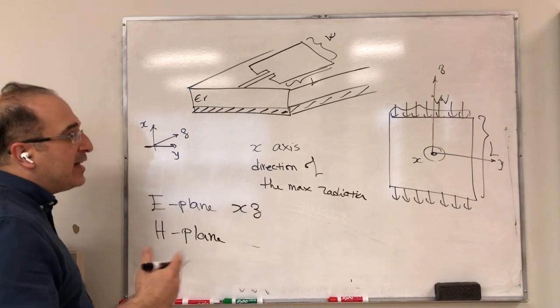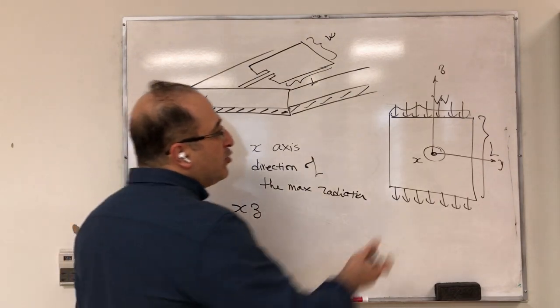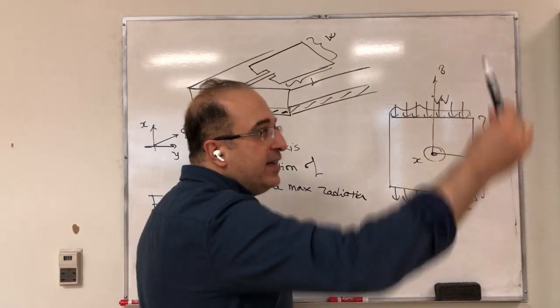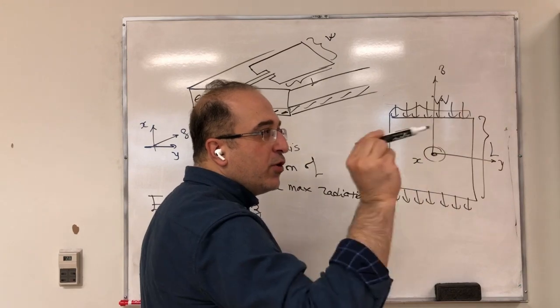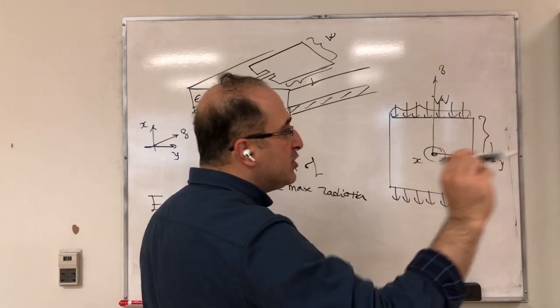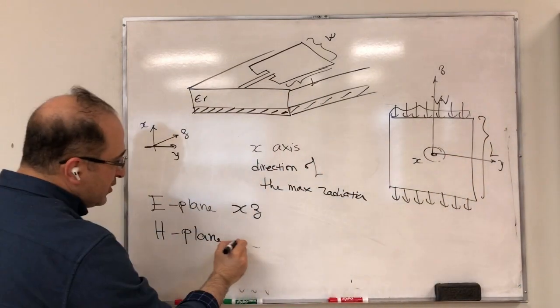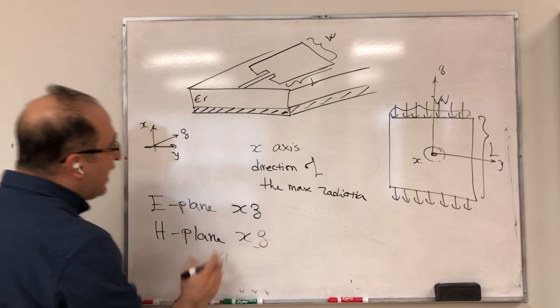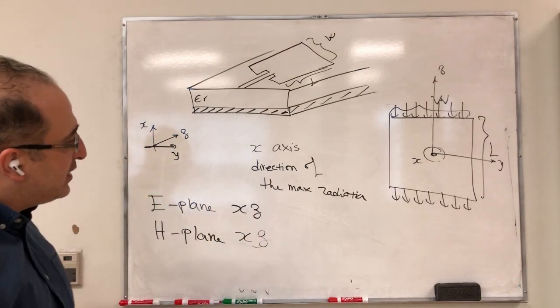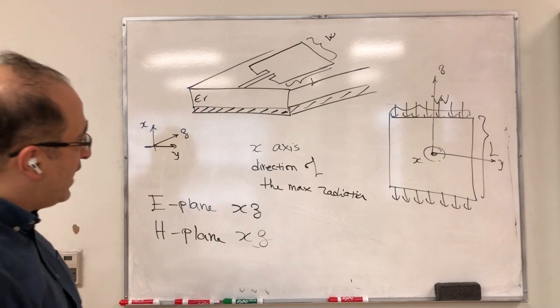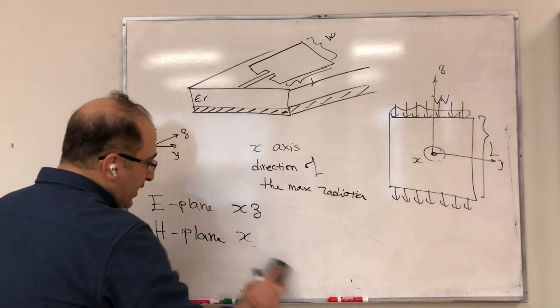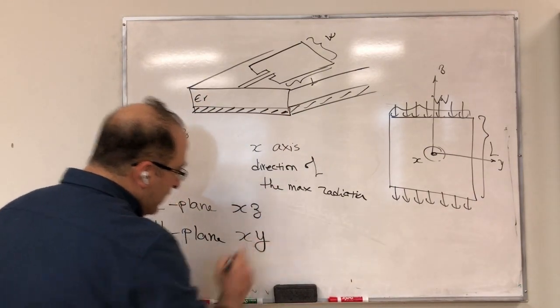So that's my E-plane. And similarly, for the H-plane, considering that H is perpendicular to E, if this is my E like that, then that would be my H, which is in the Y direction. So the H-plane would be XZ based on this coordinate that I have. XY, sorry. The H-plane would be XY.